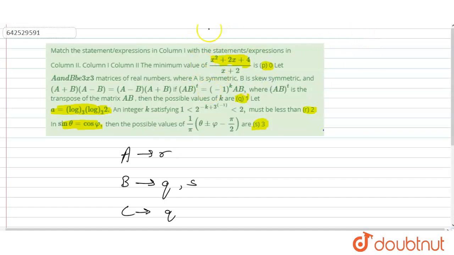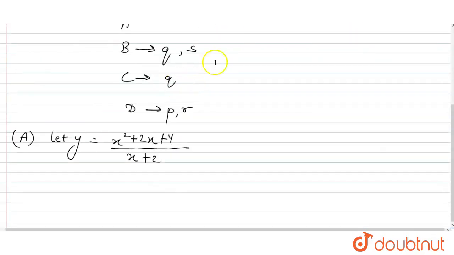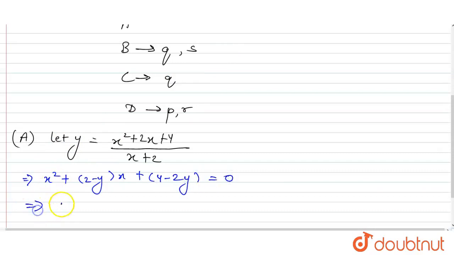So we will take this and solve it. Here we will get x square plus (2 minus y)x plus (4 minus 2y), which is equal to 0. Then here we will get (2 minus y) whole square minus 4(4 minus 2y), and therefore D is greater than or equal to 0.